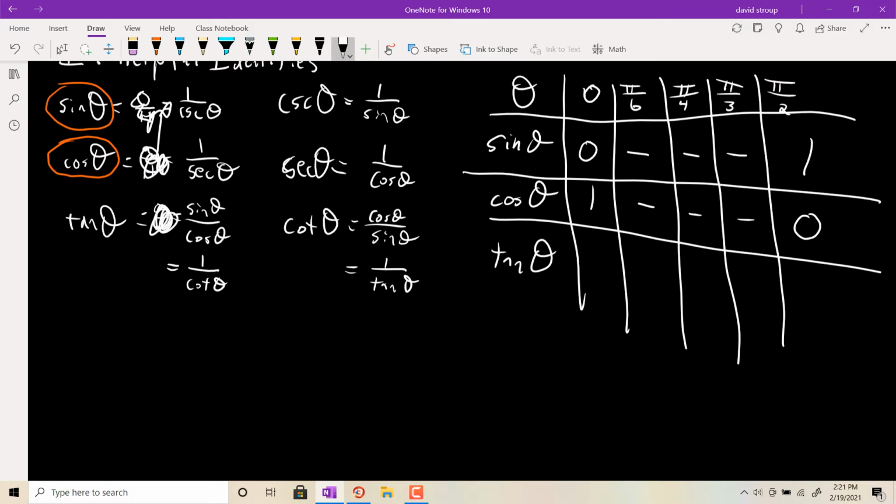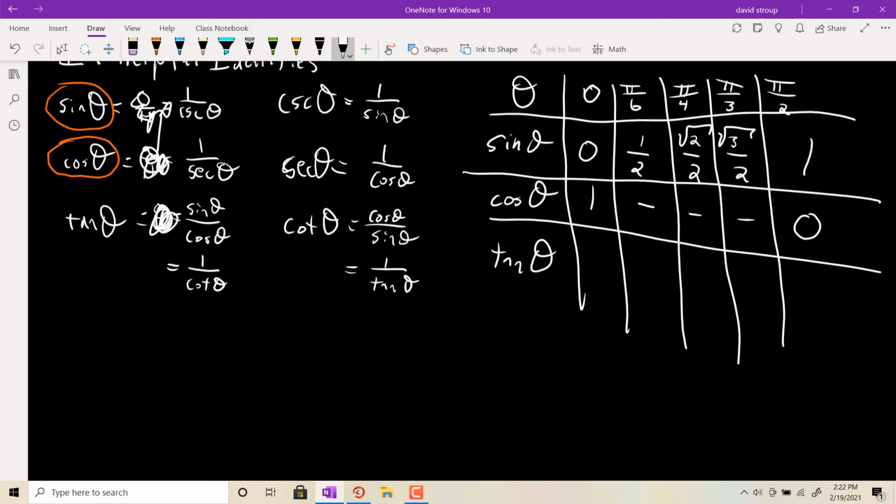So sine, to fill out the chart, what you can do is just go 0, 1, 2, 3, and then the bottom is always 2. And then you take square roots across the top.